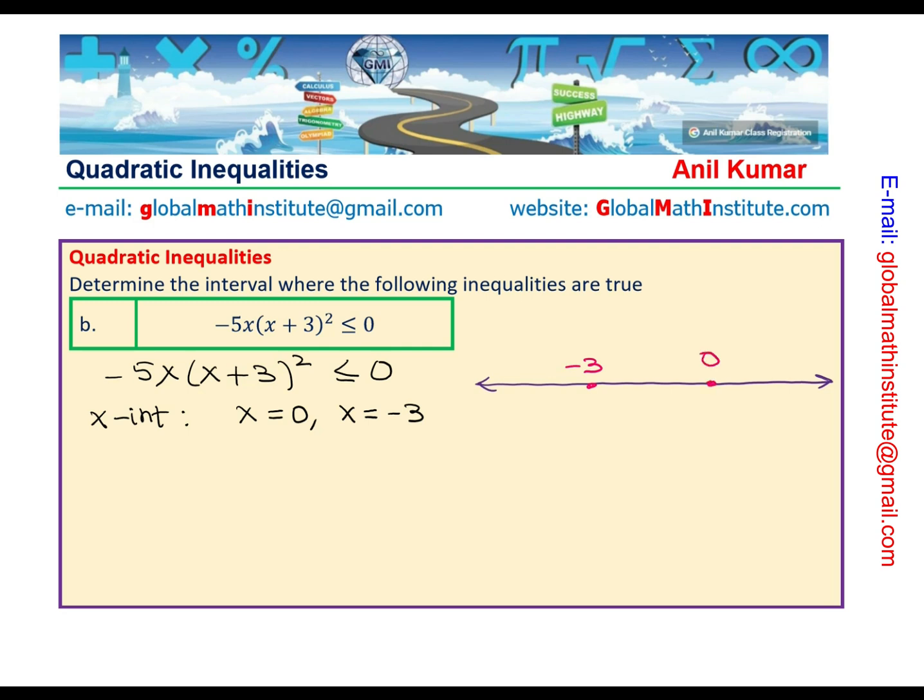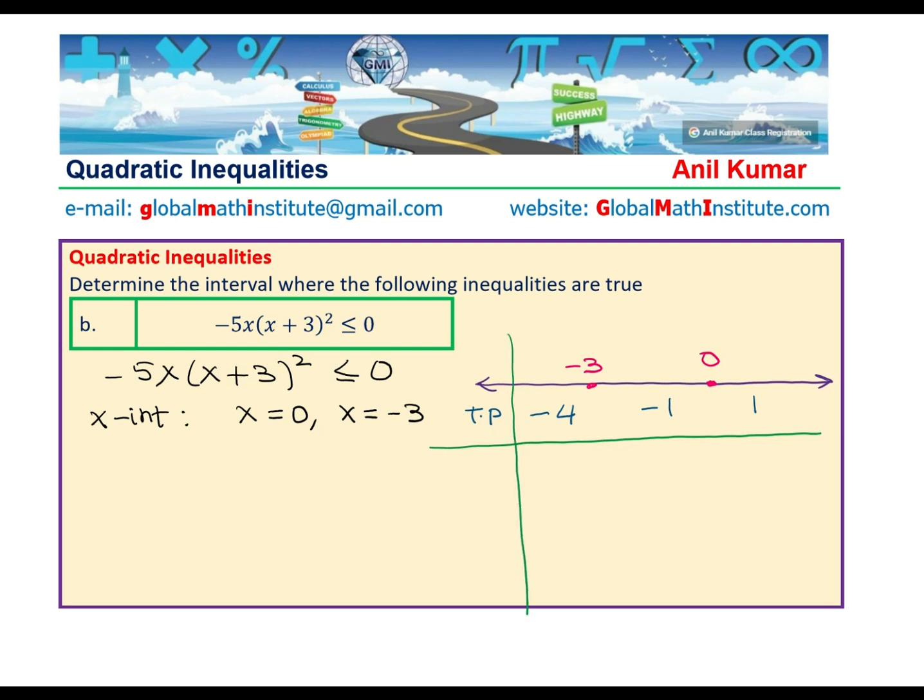We'll begin by taking the test points in each interval. The test point from minus infinity to minus 3 can be minus 4. Between minus 3 and 0, it can be minus 1, and after 0, we can take 1 as our test point. Now we'll examine the factors in each interval. We have two factors.